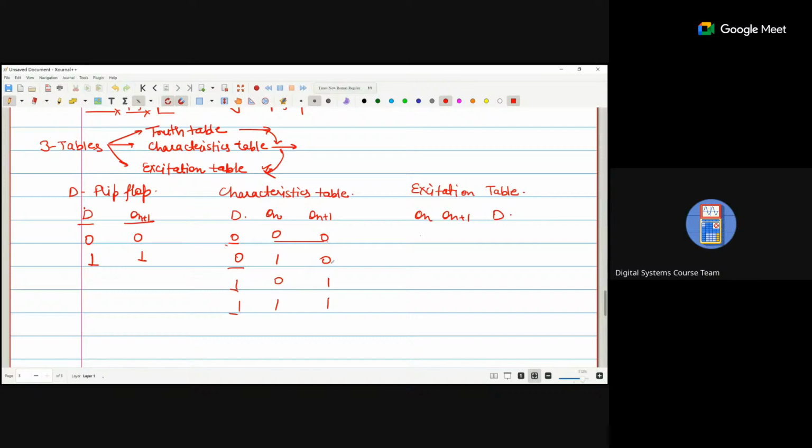So both are 0, 0: D is 0. 0, 1: D is 1. 1, 0: D is 0. And 1, 1: D is 1.